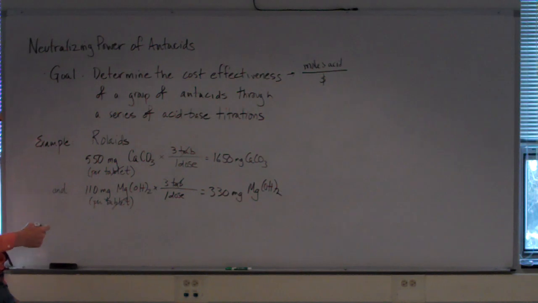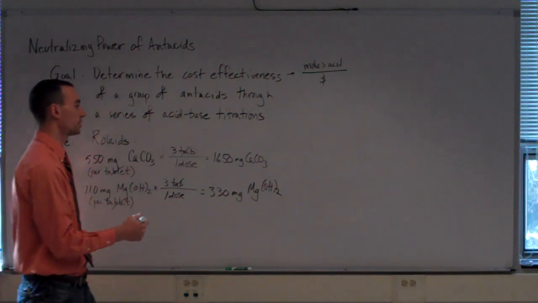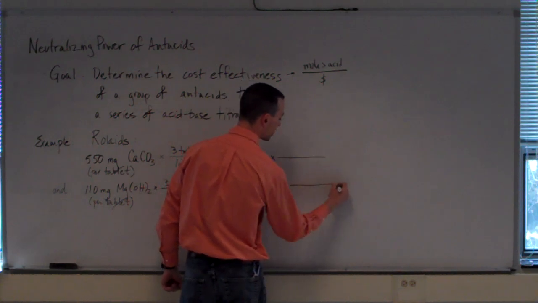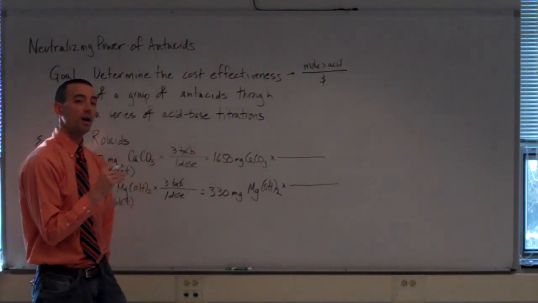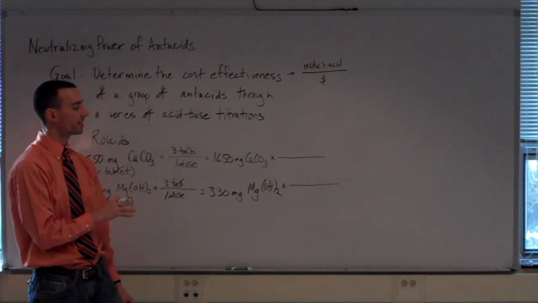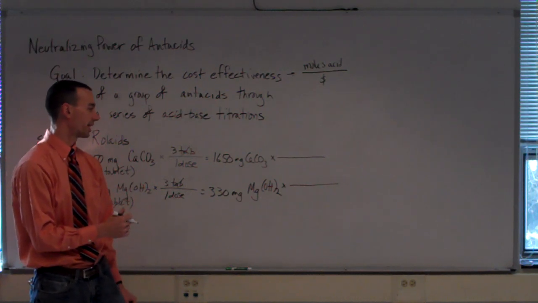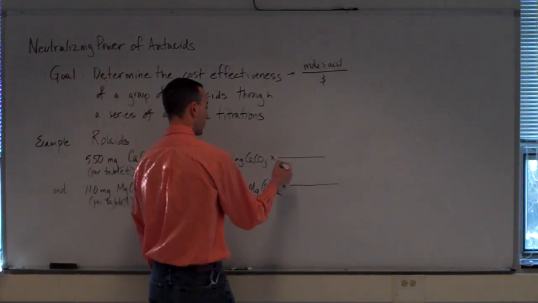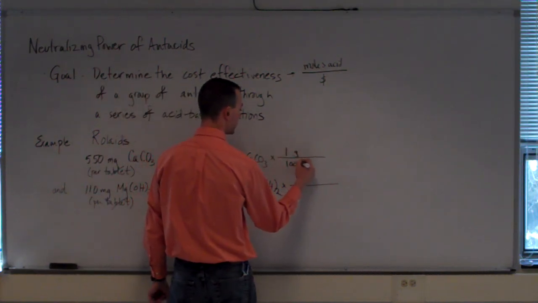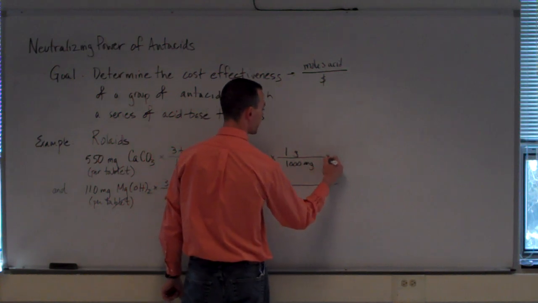Okay? But these are the gram amounts, so we can convert these to moles, because we'll need to do that for considering the reactions, right? Reactions and their coefficients and their quantities are always considered from a mole perspective. So first I've got to get rid of the milligrams. 1 gram is 1,000 milligrams.